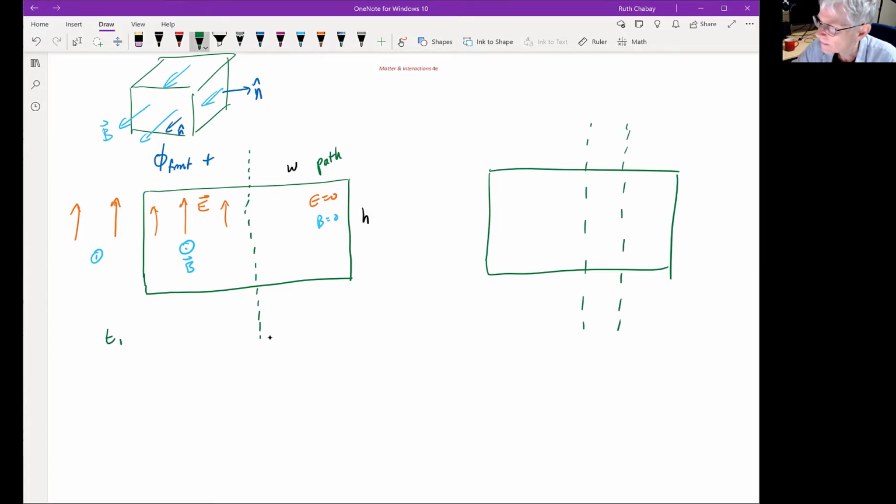So this whole pulse will have moved over a little bit. This is time 2. Pulse has moved.